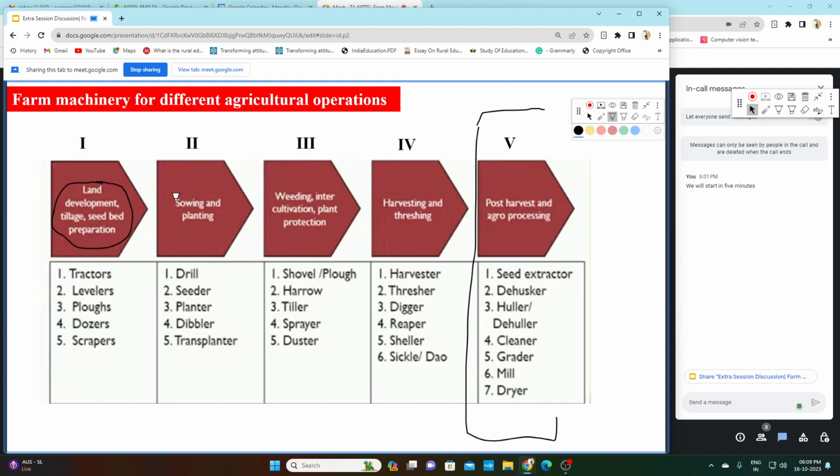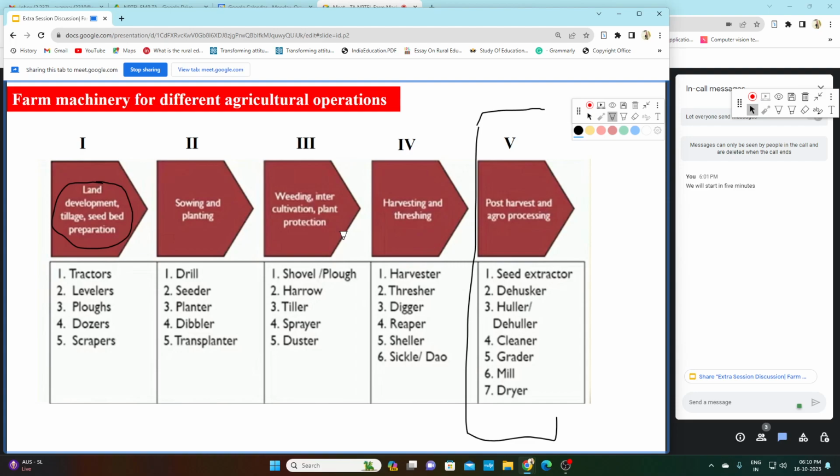The third operation is weeding and intercultivation, plant protection, that is, intercultural operation and plant protection. The fourth operation is harvesting and threshing. So these are the four major farm machinery operations.